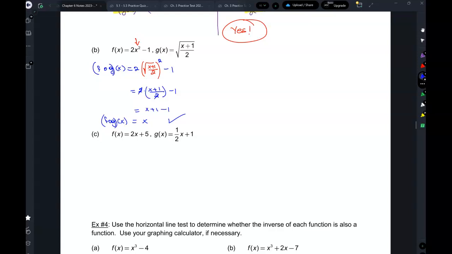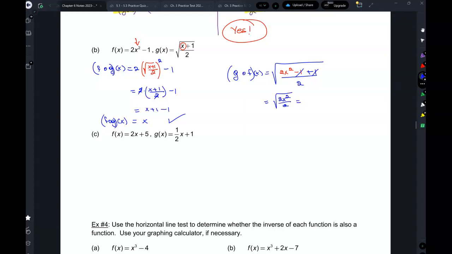Okay, so next, g of f of x. So now, the square root of, we're going to put f of x into x here. 2x squared minus 1 plus 1 over 2. These go away. 2x squared over 2.